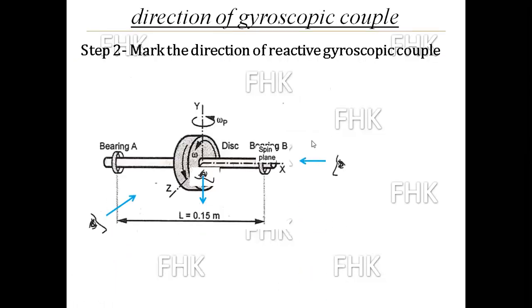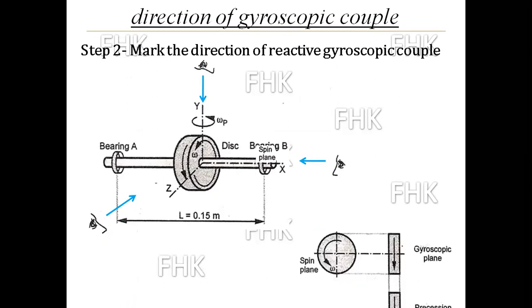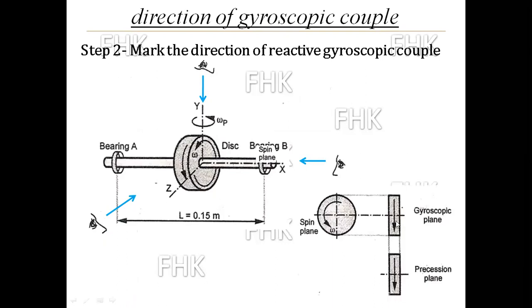So this will be the front view, this will be the side view, and this will be the top view. In the first step you draw three views of the rotor in which you can see the spinning, precession, and gyroscopic couple.